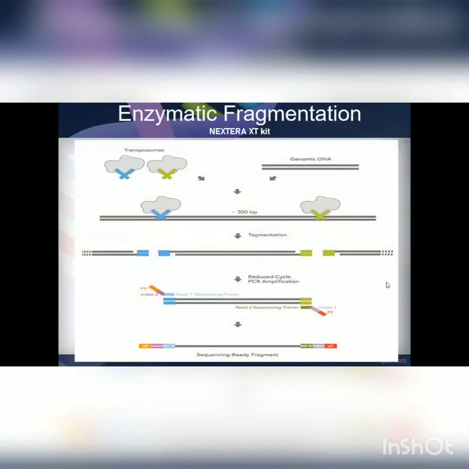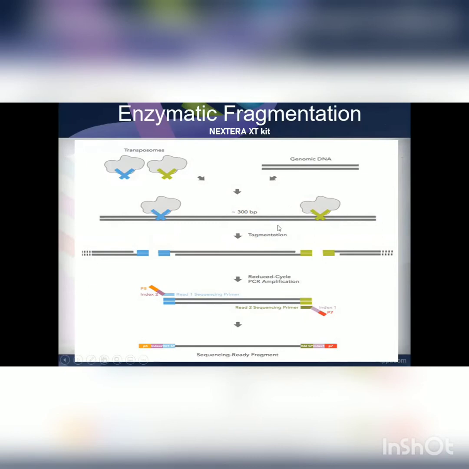Then coming to enzymatic fragmentation, the Nextera XT kit. This method utilizes specialized enzymes known as transposases. And these transposases simultaneously cut, that's fragment the DNA, and also tag or attach a small section of DNA. And this whole process is known as tagmentation.